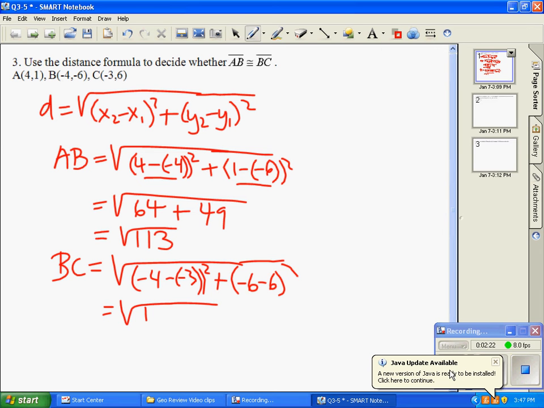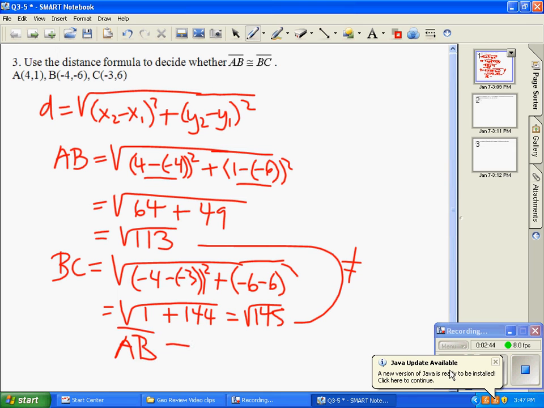And then we have negative 12 squared, that's 144, which equals the square root of 145. So you can see that this and this square root, they're not equal. So AB is not congruent to BC.